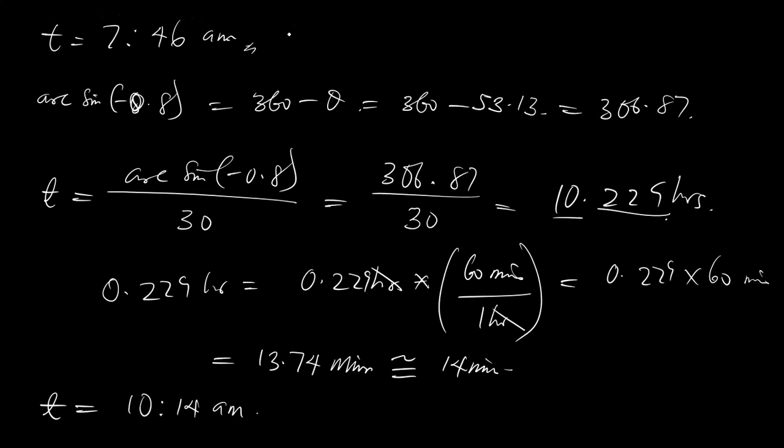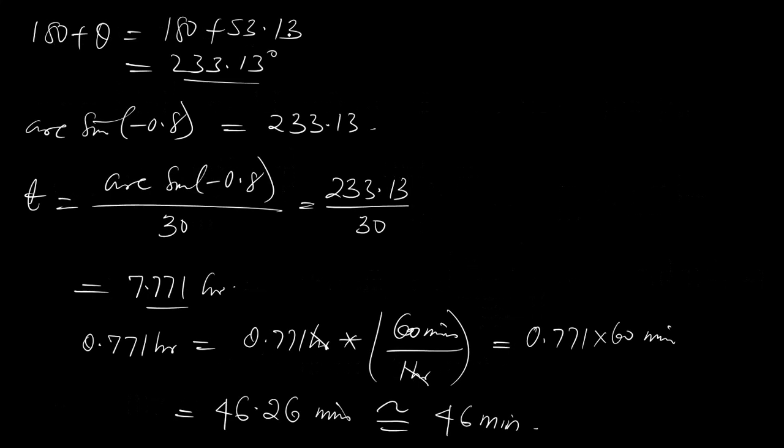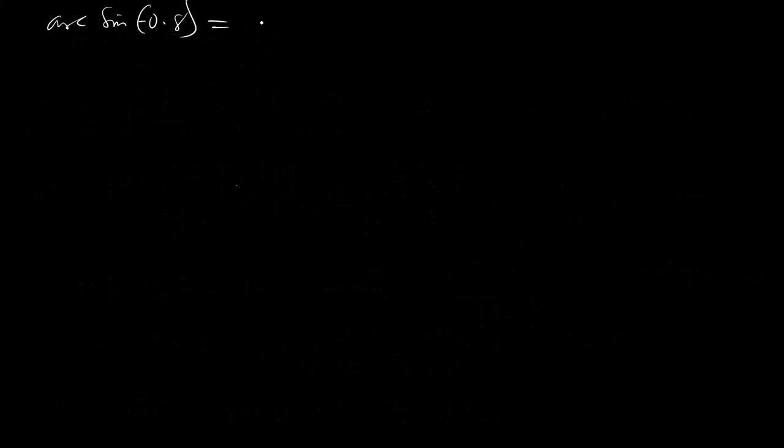From what we have recorded so far, arc sine minus 0.8 is equal to 233.13 or 306.87. So these are the two angles.